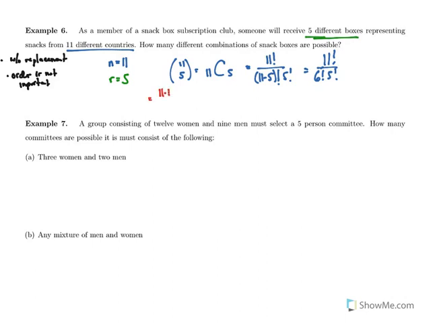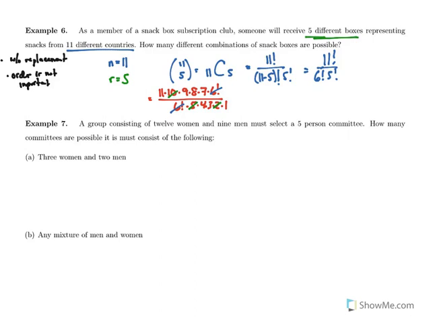Let's do some algebra with this real quick. This is 11 times 10 times 9 times 8 times 7 times 6 factorial, all over 6 factorial times 5 times 4 times 3 times 2 times 1. Our 6 factorials cancel out. That's nice. We can cancel out a 5 and a 2 with the 10, since 5 times 2 is 10.